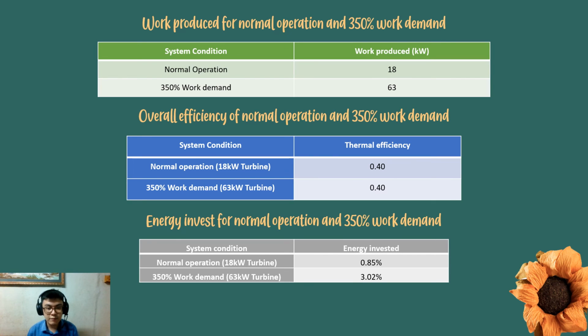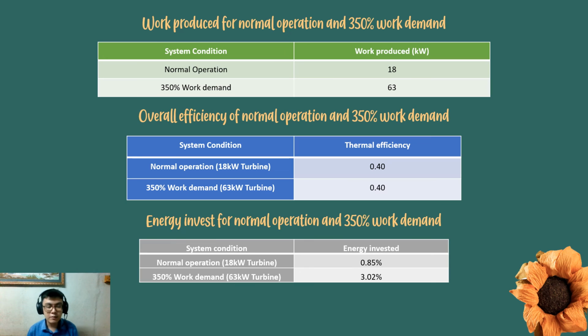Meanwhile, the energy invested for normal operation and 350% work demand are shown. For the normal operation, it is found that energy invested is 0.85%. For 350% work demand, it is shown that the energy invested is 3.02%.